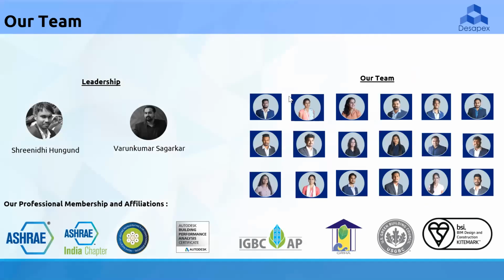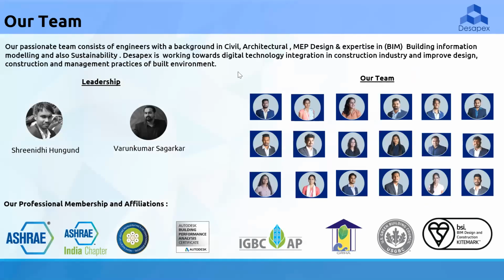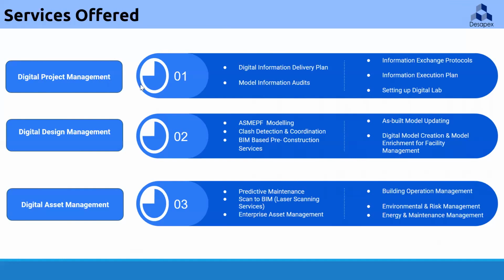This is a bit about our team. I am one of the partners of the organization, and also my colleague Srinidhi, who takes care of the engineering services. Our team consists of civil engineers, architects, mechanical engineers, all blending in together with digital tools. With respect to today's discussion, we have some very interesting credentials, which we will come across in the next slides.